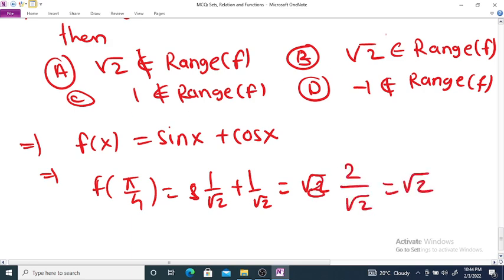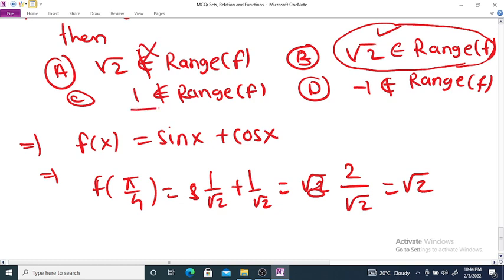Under root of 2 lies in the range set of f, and therefore there exists x, that is pi by 4, so that f of pi by 4 is equal to root 2, and therefore root 2 lies in the range set of f is the correct option.